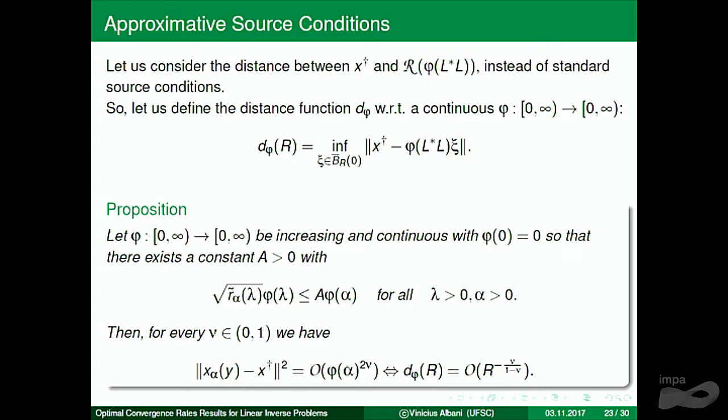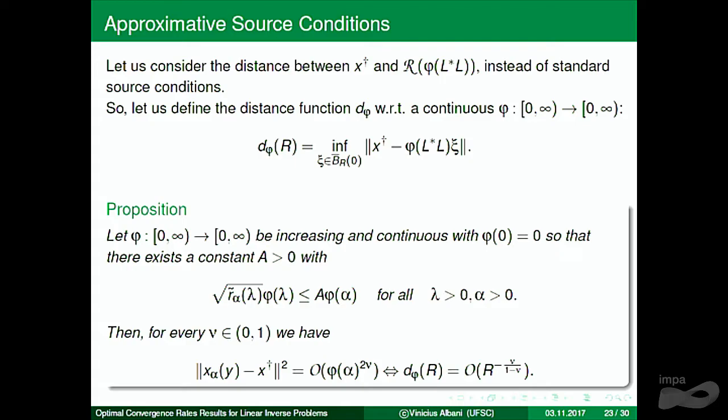This distance function is just the distance between x dagger, the minimum norm solution, and the image of this ball through this operator phi applied to L star L. Assuming that phi is again an increasing continuous function with phi of 0 equal to 0, and satisfying this inequality, where instead of mu between 0 and 1, we just took mu equal to 1 over 2, then we have this equivalence.